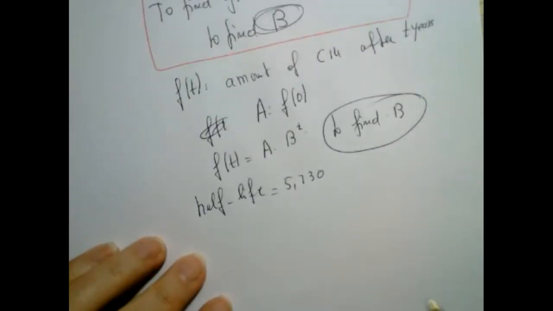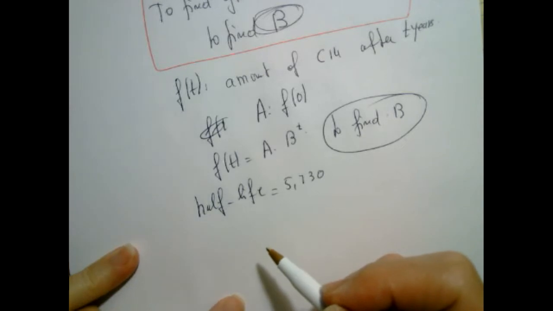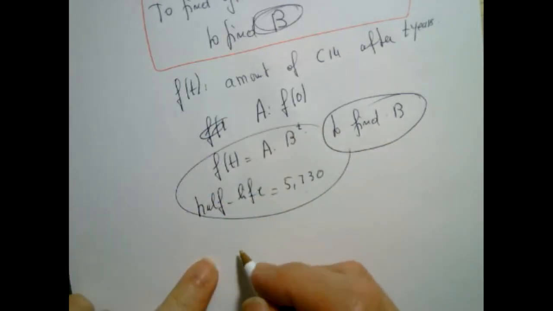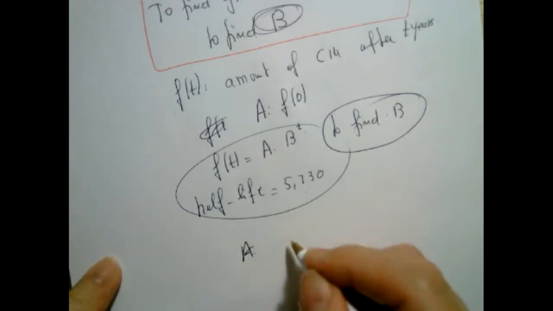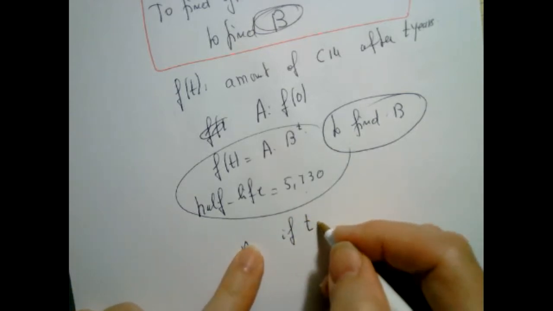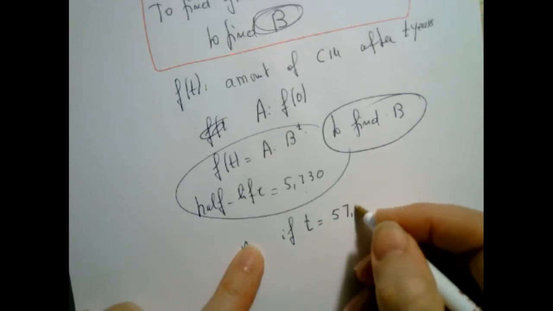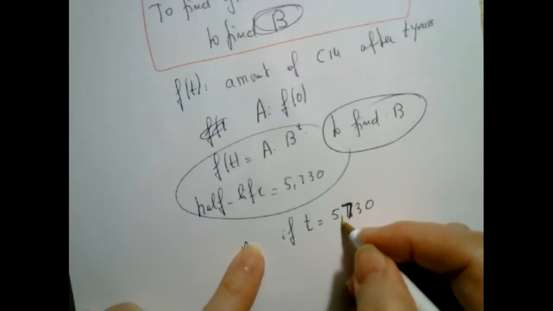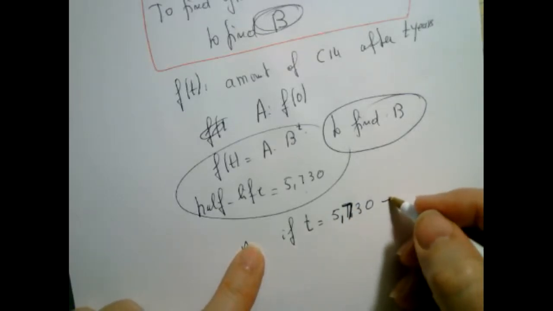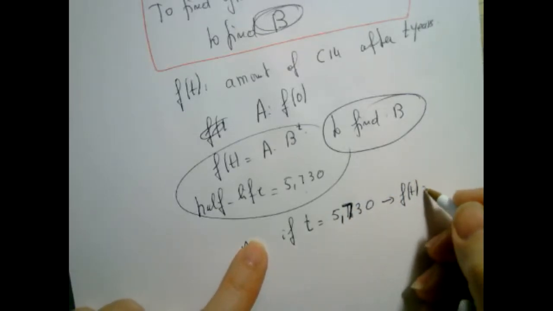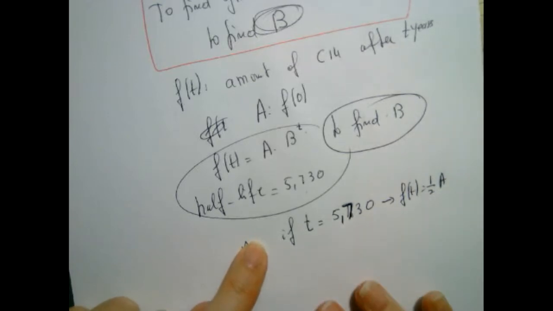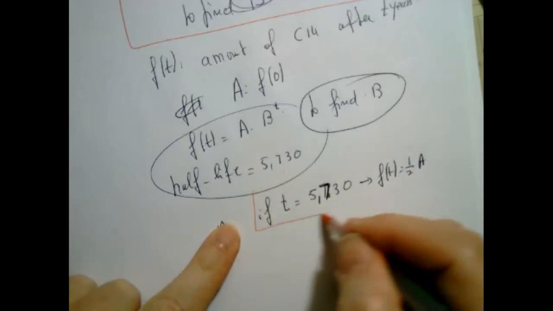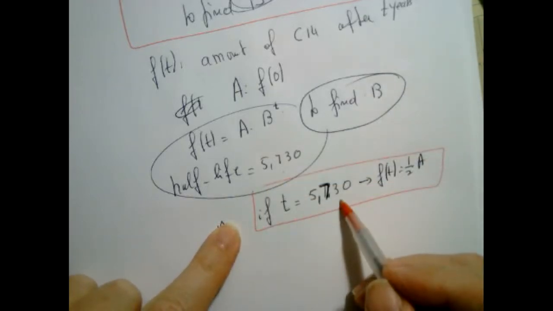Okay, Alicia, be careful. What does half-life mean? It means that if the time is 5,730, then f of t is half its initial value. Be very careful: 5,730 is the time, not the output.